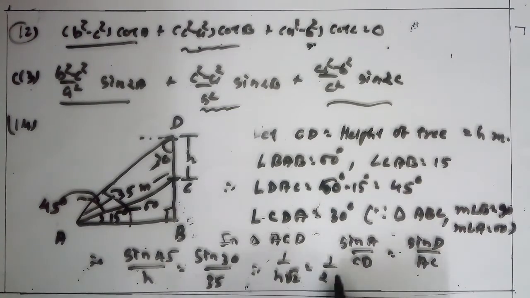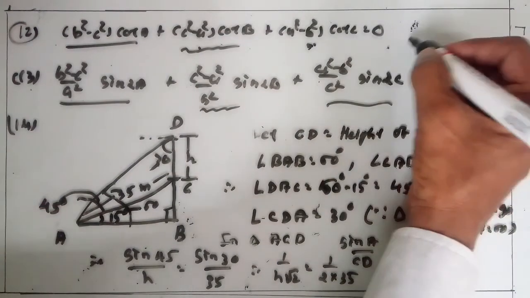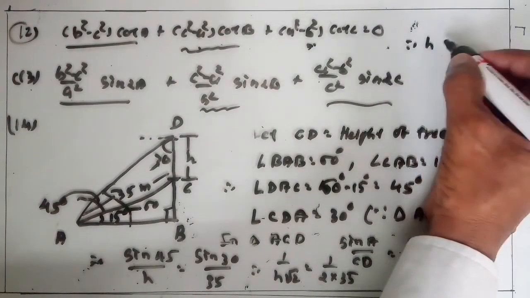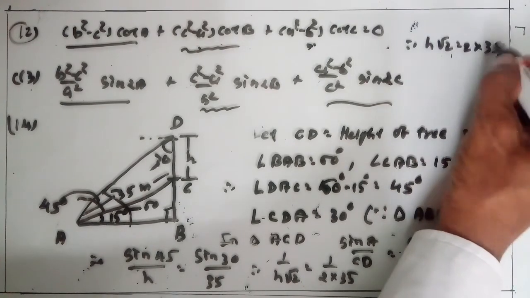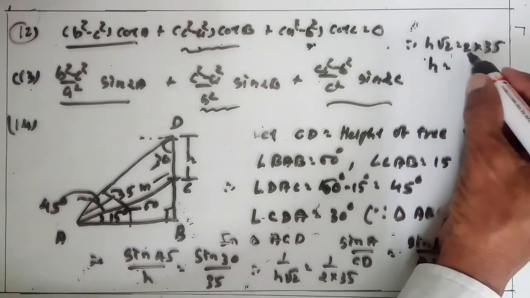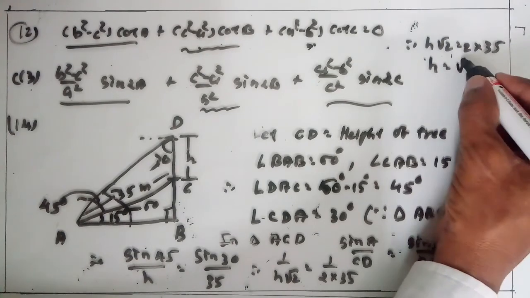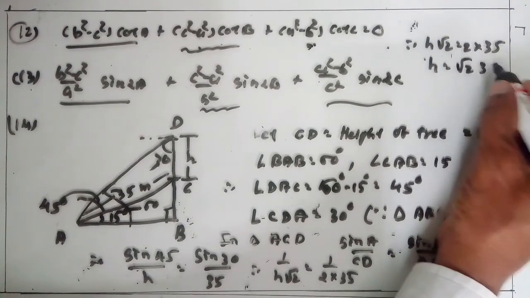Now simplify this, take reciprocal on both sides. So we get h root 2 is equal to 2 into 35. Now dividing by root 2 on both sides, 2 upon root 2 becomes root 2, into 35.